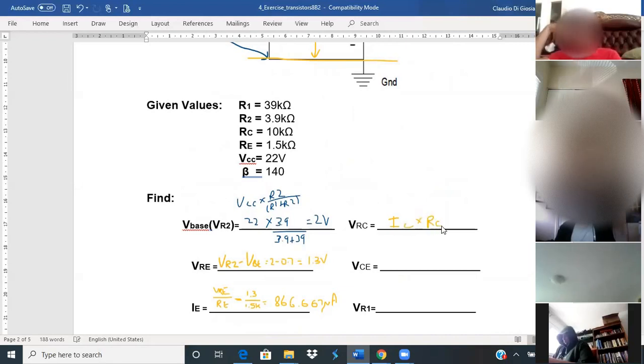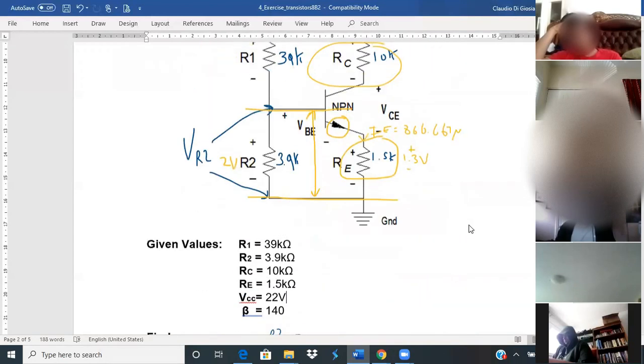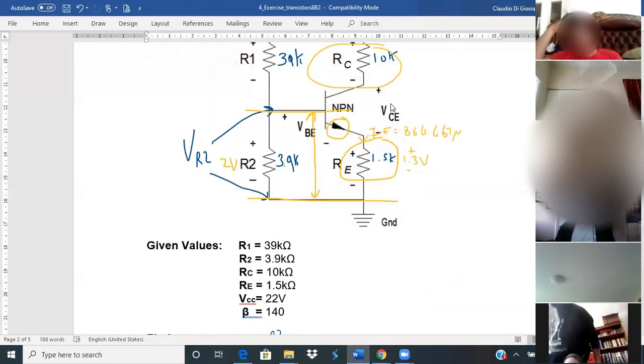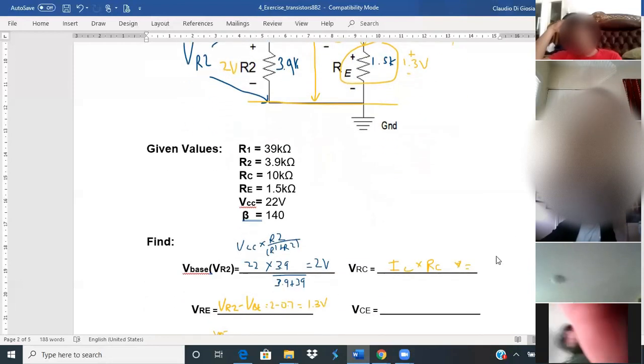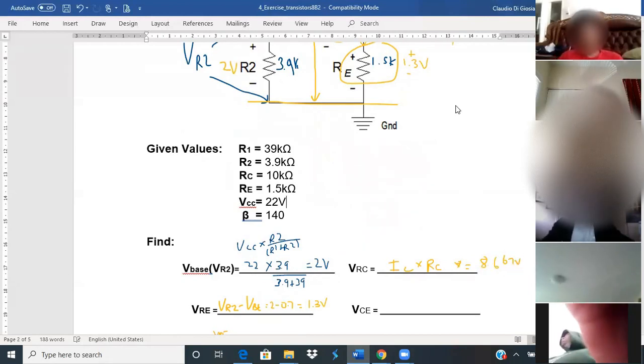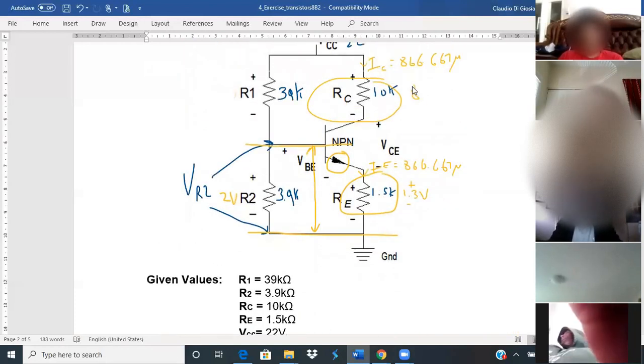So the 866.66 micro, I'm just going to put in the answer. 866.66 micro multiplied by the 10K, which is 8.667 volts. So we have 8.667 volts, and we're going to write it as 8.67 volts.